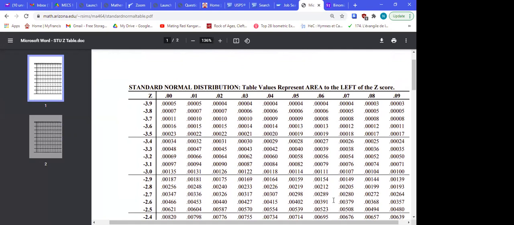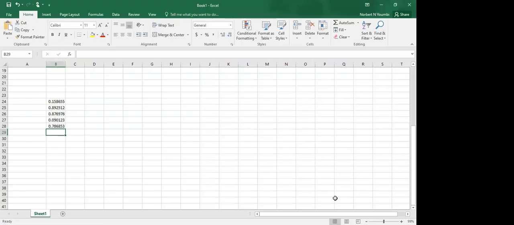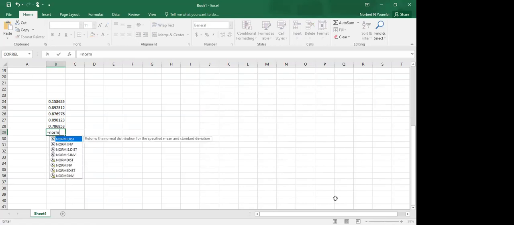Now use your calculator for those who are using calculator, and let's use Excel at the same time. With your calculator, second function, distribution, the third option is inverse normal distribution. In Excel, equals, start with normal, and then normal inverse.